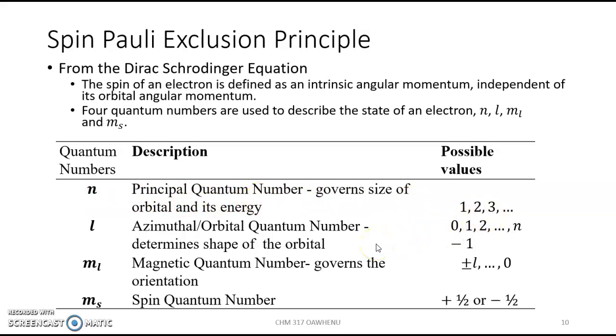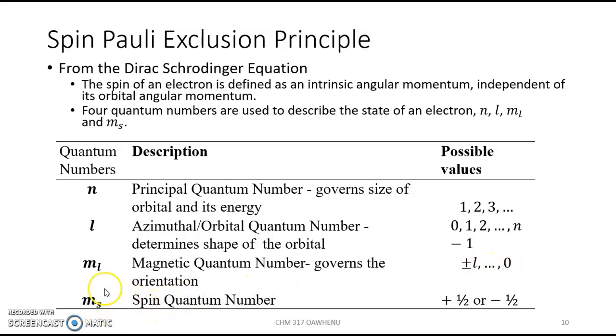L is the azimuthal or orbital quantum number, and its value is restricted by the principal quantum number. The magnetic quantum number governs the orientation of the azimuthal quantum number, so it goes from L through 0 to minus L in integral steps.